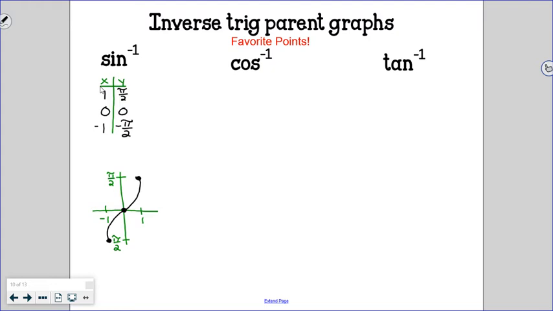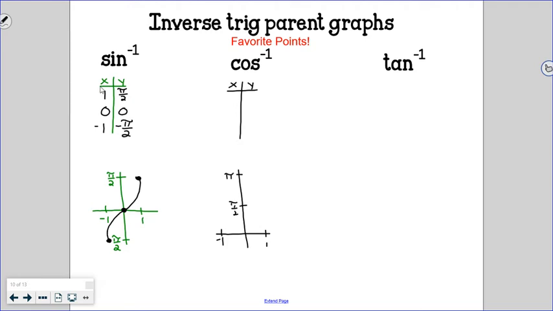All right, so doing the same thing for our cosine curve. How do I start drawing that? Again, on my x-axis, I would go from -1 to 1. On my y-axis, I would go from 0, have a tick mark that represents pi over 2, and then a tick mark that represents pi.